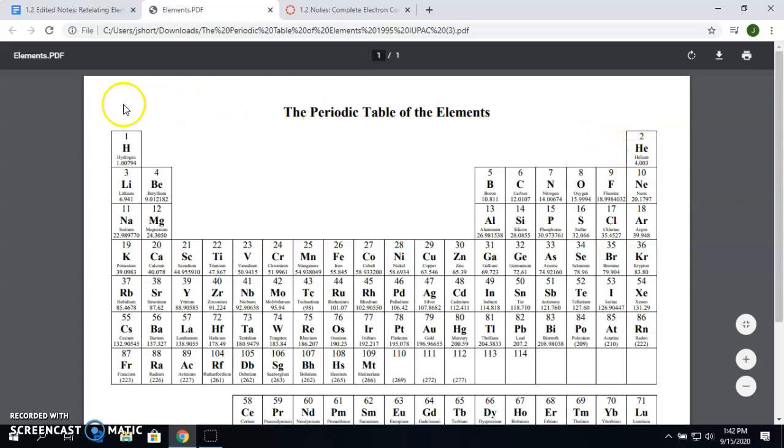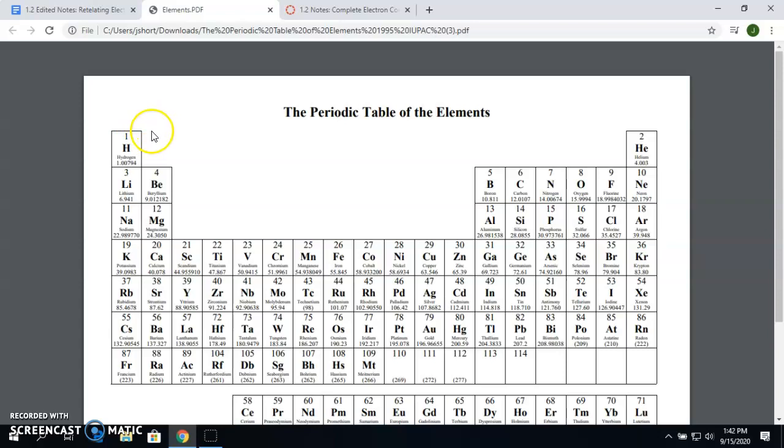So what that means is if an element is in main group 1, anything from hydrogen all the way down to francium, all of these elements will have one lonely valence electron, one electron that's located in the outermost energy level. Similarly, anything in main group 2 will have 2 valence electrons.